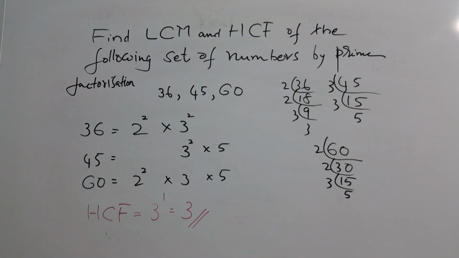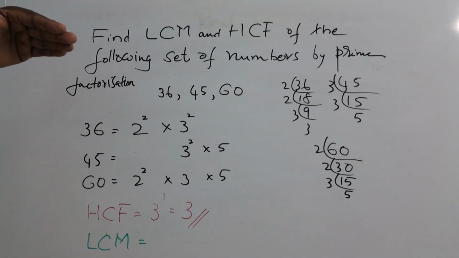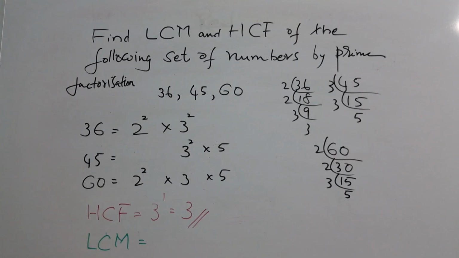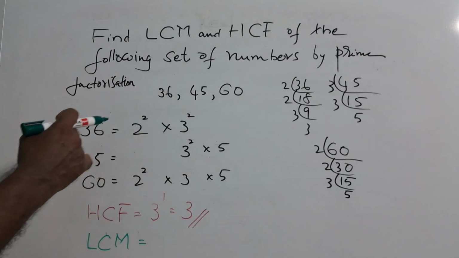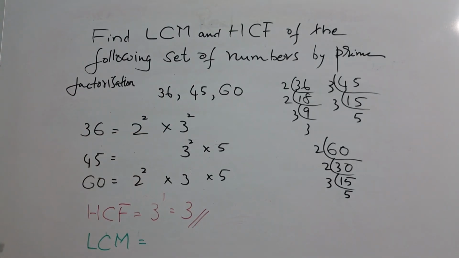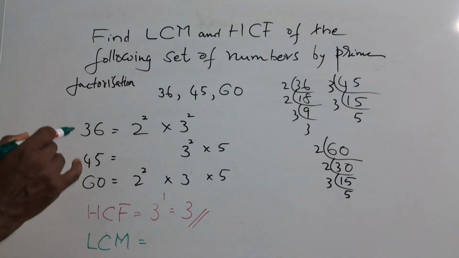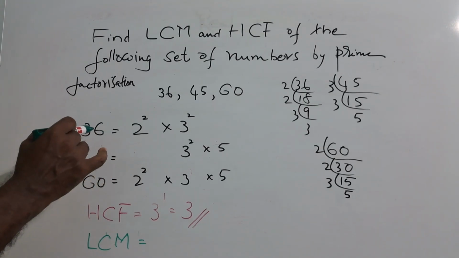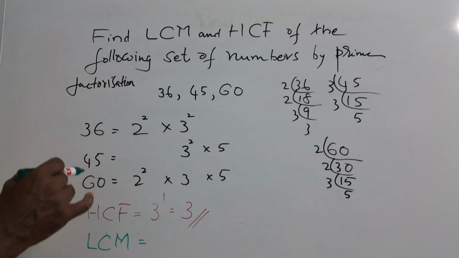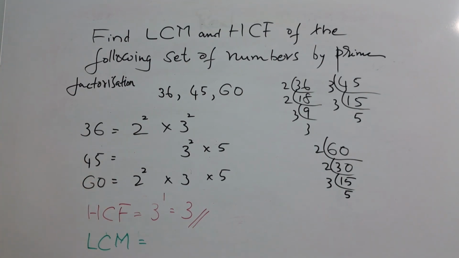And for the LCM, we consider all the prime numbers in a careful manner. See, we have only 3 as a common factor for all the 3 numbers, but we have 2 as a factor of 2 numbers. 2 is a factor of 36. 2 is also a factor of 60.